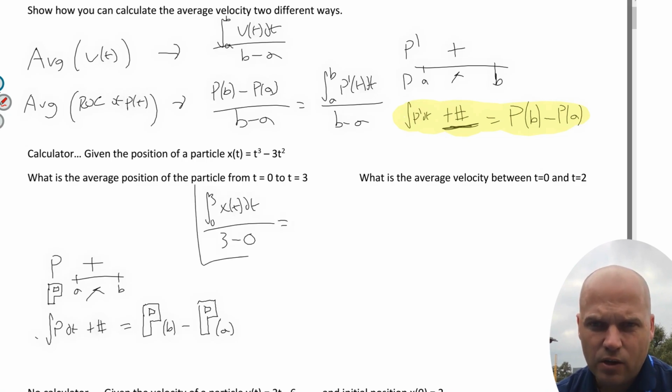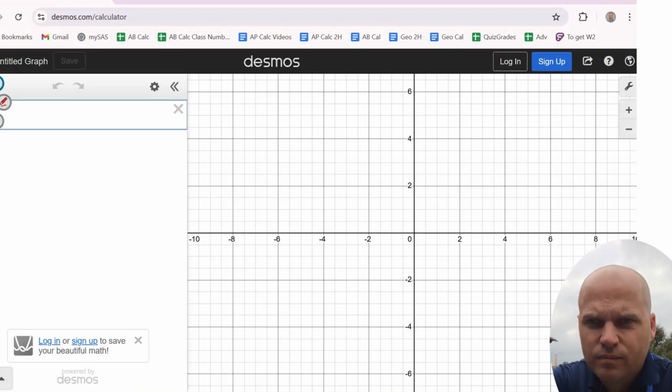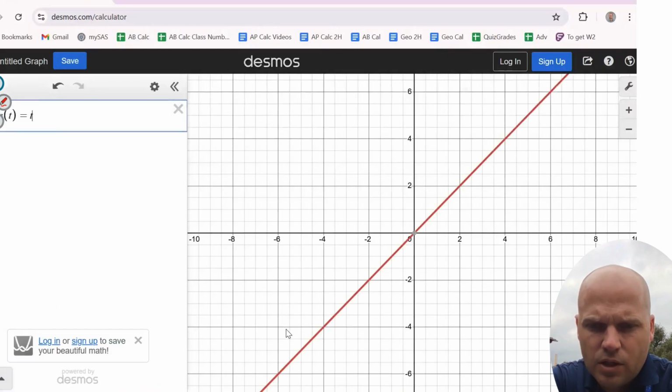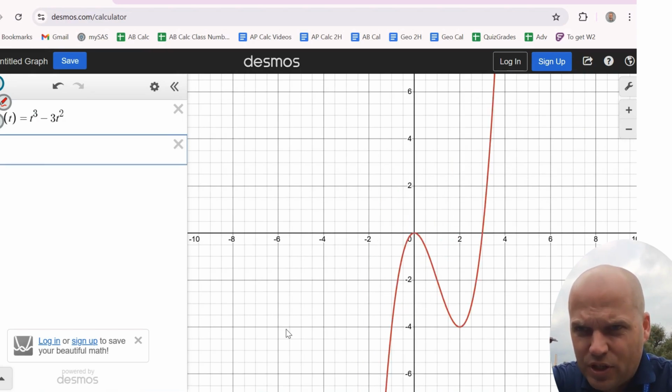If you have a calculator, you literally type this in. I'm going to do both. We like to graph V. I like to graph V. T cubed minus 3t squared. Cool. There's my position.